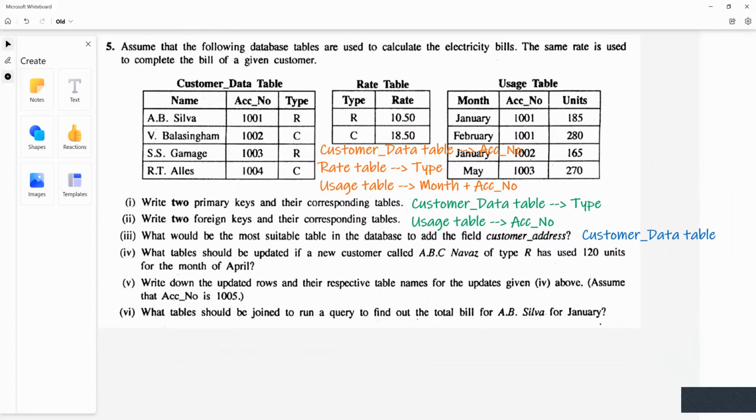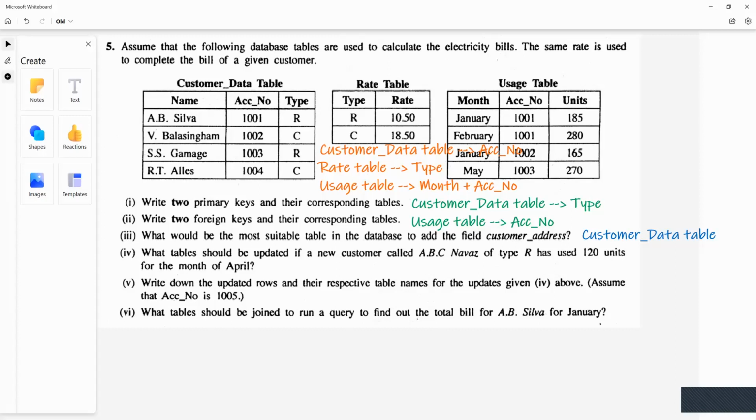Okay, fourth one. We want to add a new customer, ABC Nawaz, type R and 120 units. So what tables should we update to put this information? Usage table. Okay, usage table.